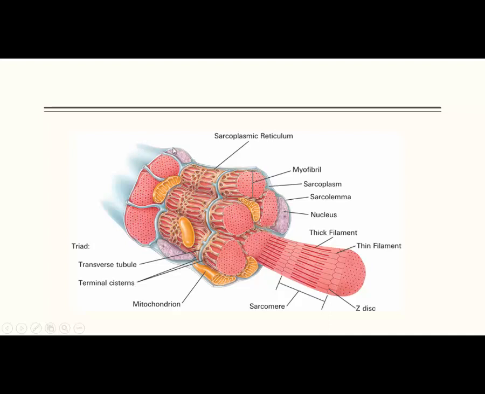It is a merging of cells with this structure of myosin and actin fibers that are arranged in the structure we call the sarcomere, from Z disc to Z disc, and those filaments are bundled together and surrounded by nuclei, mitochondria, and a sarcolemma.